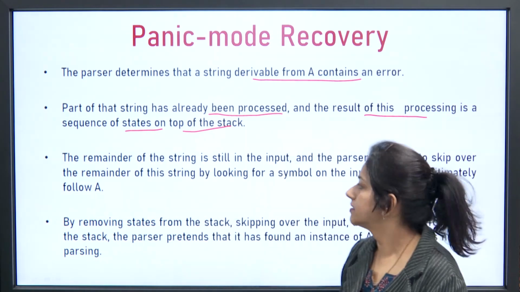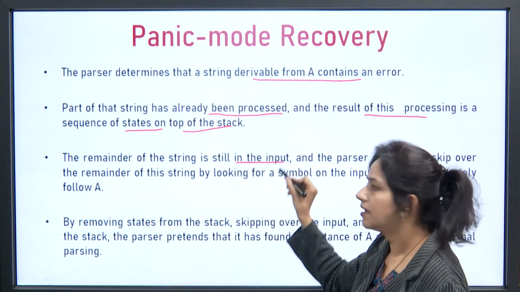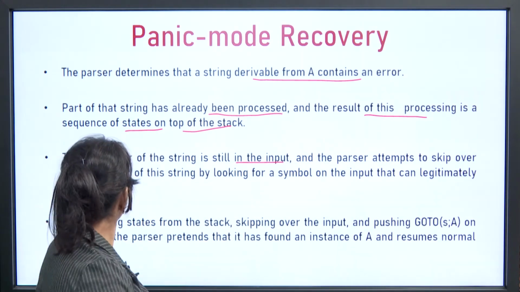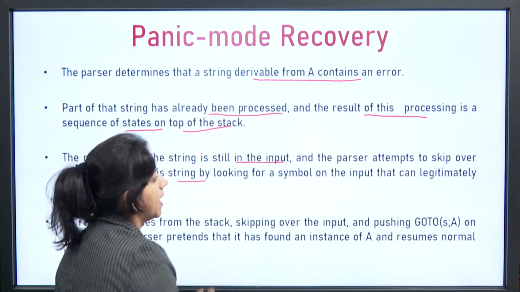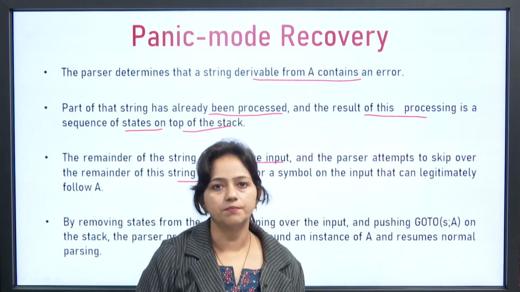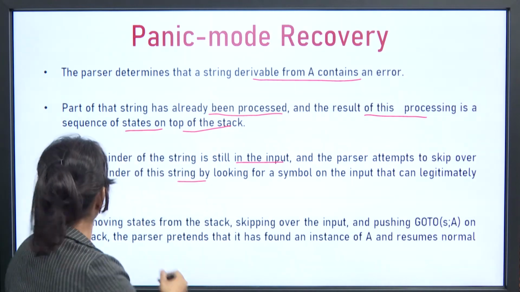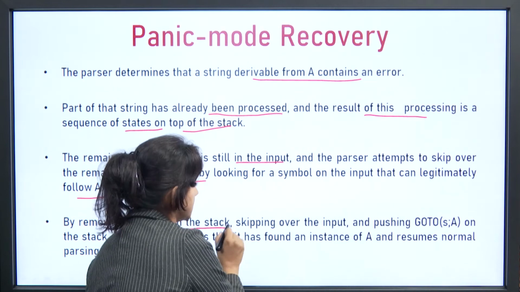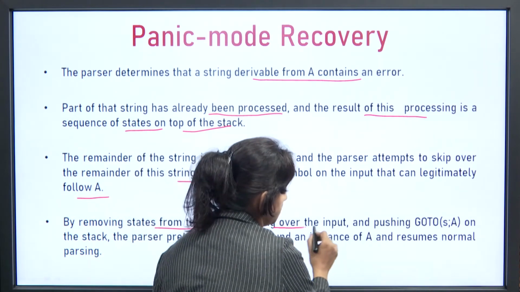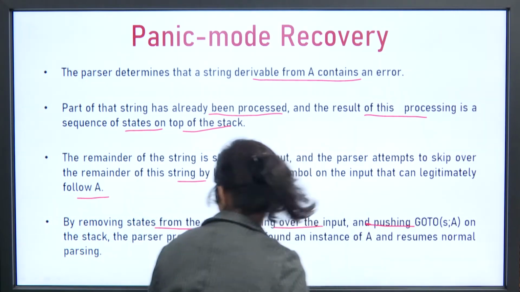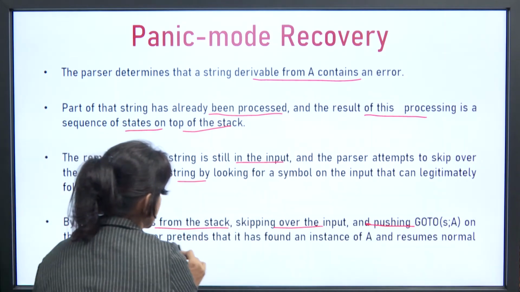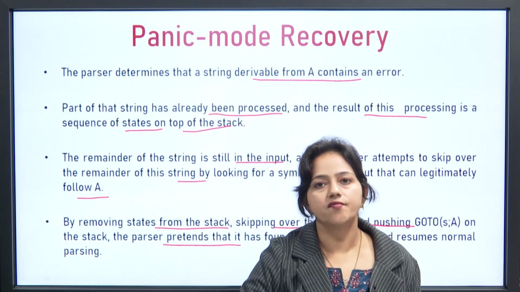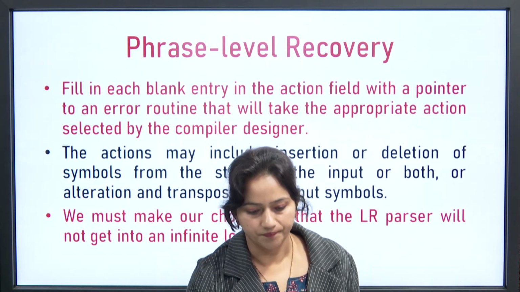The remainder of the string is still in the input, and the parser attempts to skip over the remainder of the string by looking for symbols on the input that can legitimately follow A. By removing states from the stack, skipping over the input and pushing goto(S, A) on the stack, the parser pretends that it has found an instance of A and resumes normal parsing.